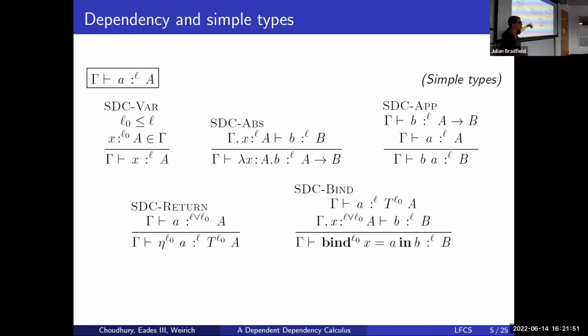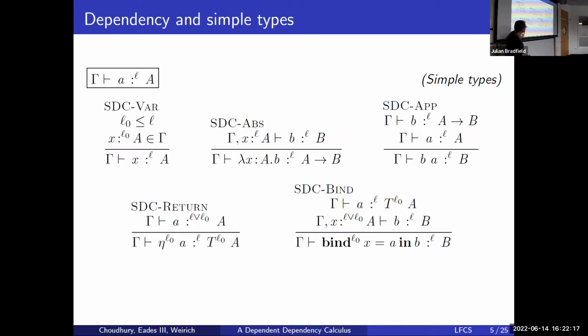This isn't really going to give us a mechanism to talk about going down. It's only talking about going up. So we want to include maybe some high security data in our program. We can use this constructor to inject into that high security data, and that's going to create an element of this modal type. It's going to be annotated with a level that we've used to check A.